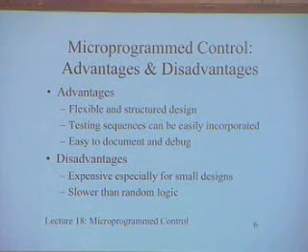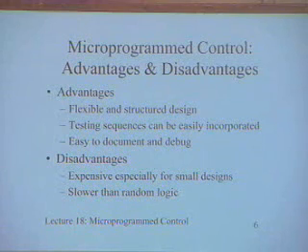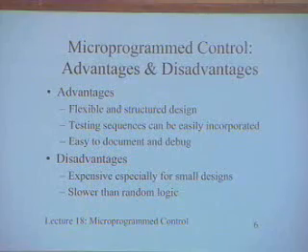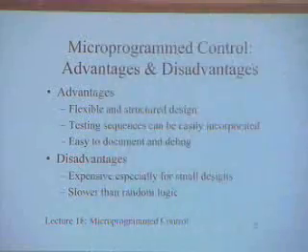If you are using random logic, you can use a number of flip-flops, different types of encoding, different types of gates, and if you draw the logic diagram, the structure will look completely different from one design to another. Whereas here, this particular subdivision into blocks is more or less fixed. So that's the structure part of it.